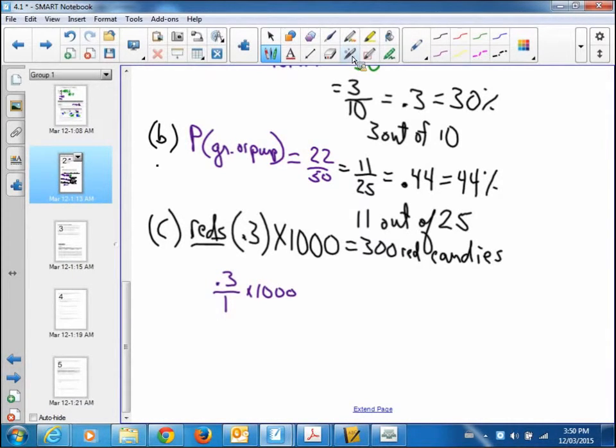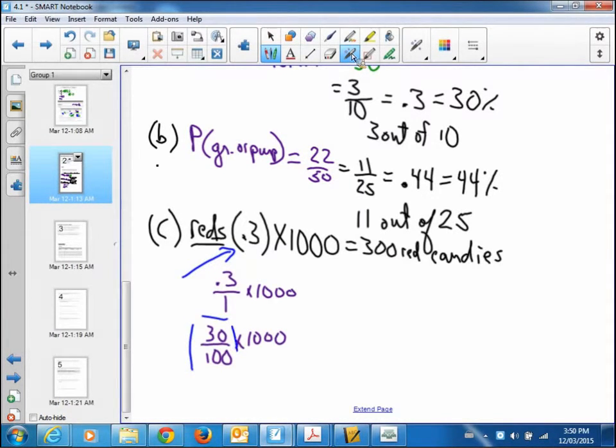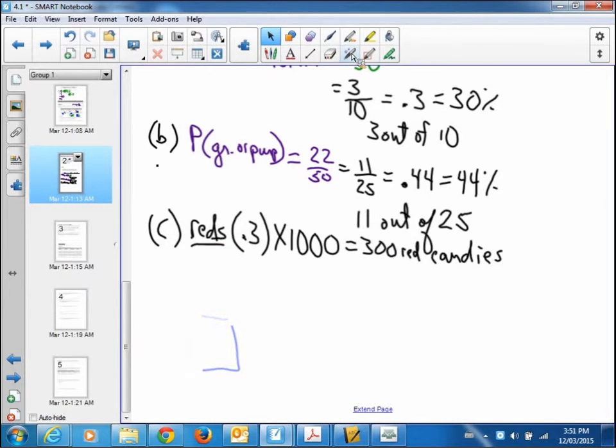It would be no different than saying 30 out of 100 candies are red. Take that decimal fraction and multiply it by 100 if you're working with percentages. This just eliminates starting with the percentage, 30 out of 100 times 1,000. That's why that works, but enough of that.